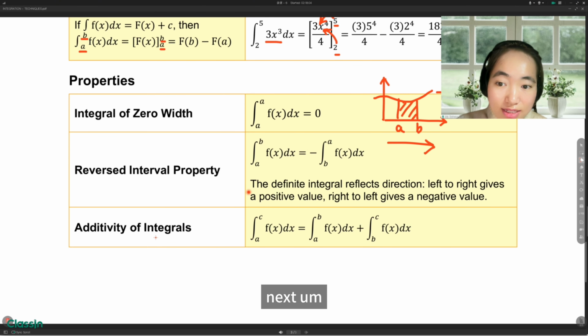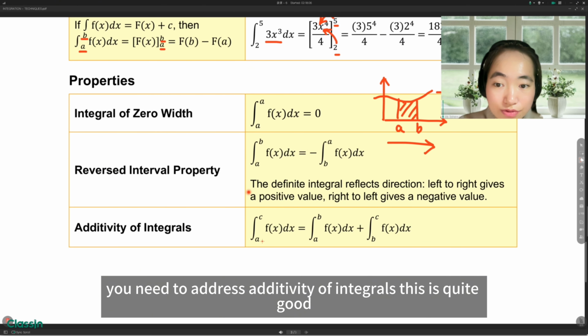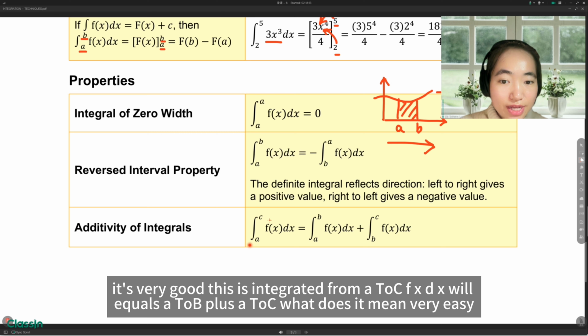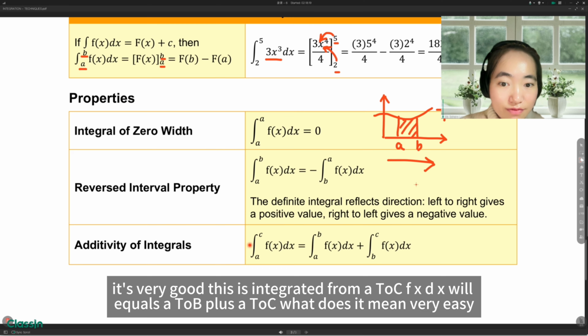Next, this is additivity of integrals. It's very good. The integral from A to C of f(x) dx equals the integral from A to B plus the integral from B to C. What does it mean? Very easy.